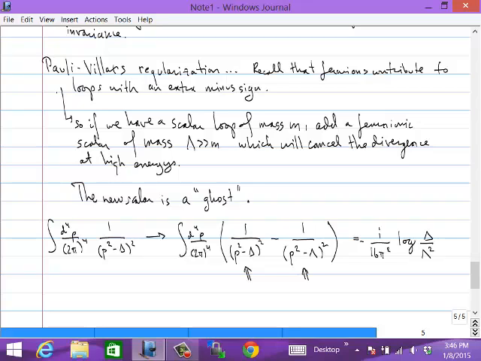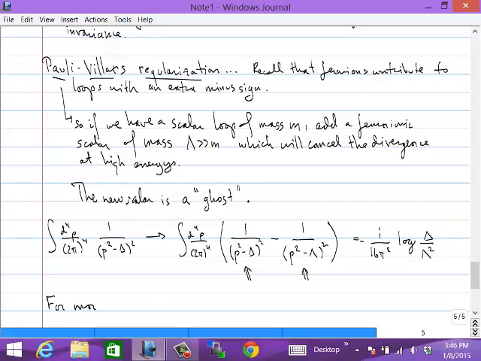So maybe I'll just make one comment about this regularization scheme. This is the regularization scheme that I'll use today, when I complete our computation of this self-energy. But in general, this is not the preferred regularization scheme for more complicated calculations.